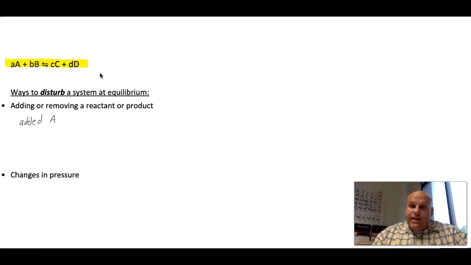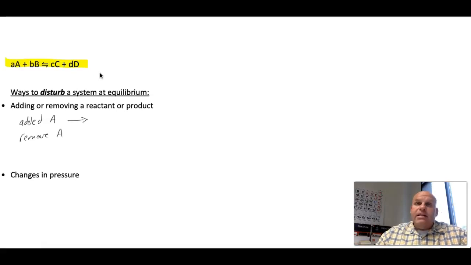Well, that sounds like it needs to be in the reactants, right? Because reactants get consumed or used. So if I add A, because A is on the left side of the reaction, my equilibrium is going to shift to the right.